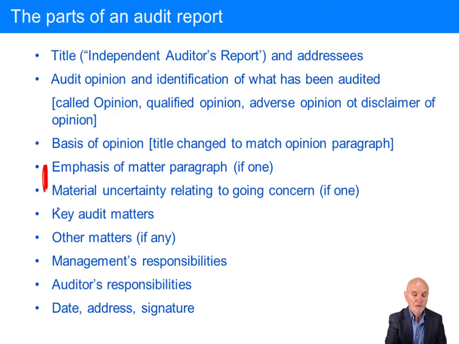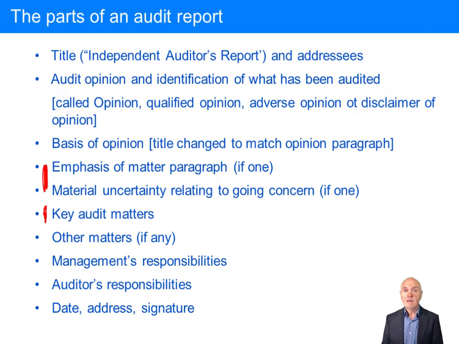Then we have something new here, key audit matters. A lot of what happens in the audit is very routine, but every now and again there are issues where the auditor has had some trouble, has spent a lot of time, has maybe spent a lot of soul searching and judgment, deciding whether or not that matter has been correctly valued, correctly treated.